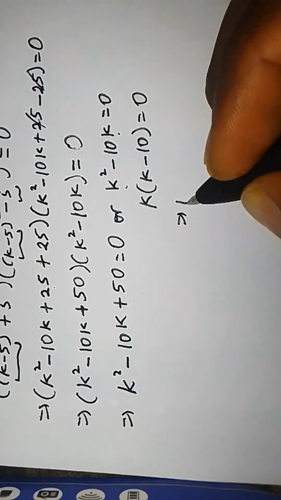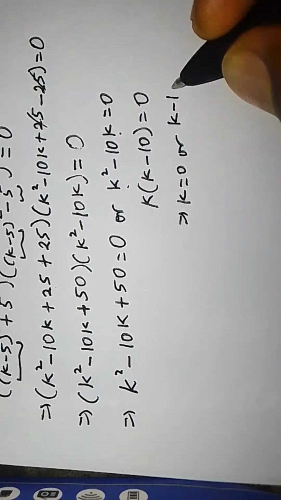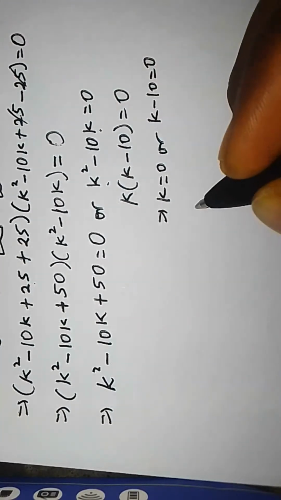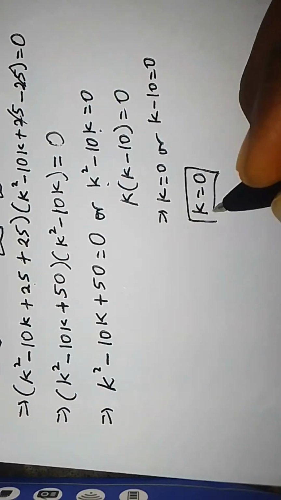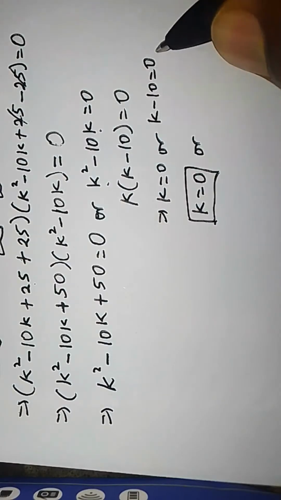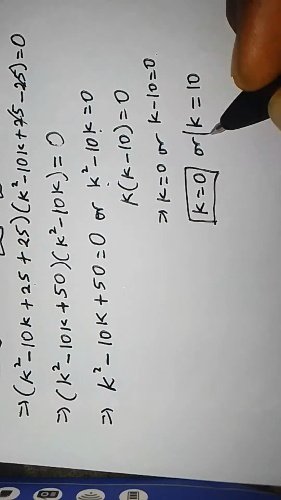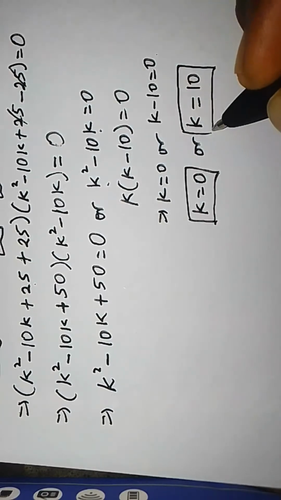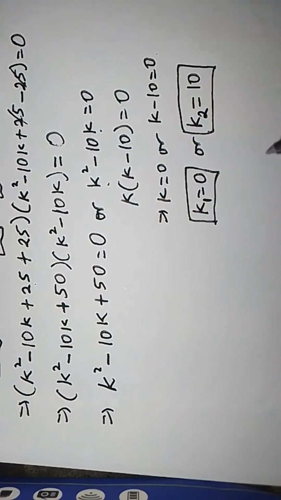This means that k is equal to 0, or k minus 10 is equal to 0. Clearly, k equals 0. This is the first solution. Or from this line, moving minus 10 to the right hand side, k is equal to 10. This is the second solution. Let's call this k1 and this k2.